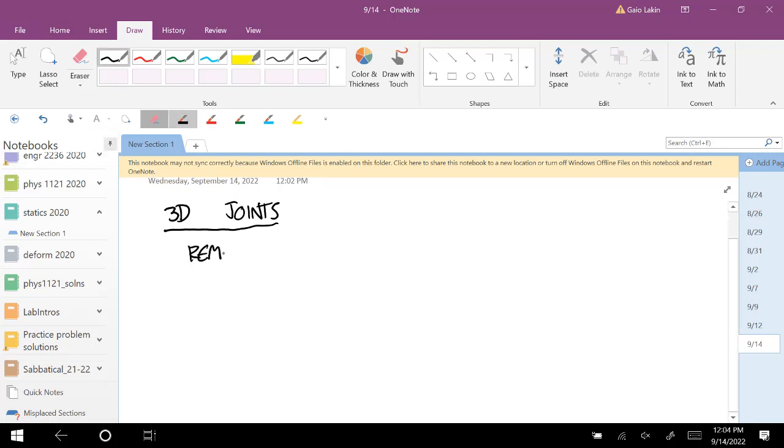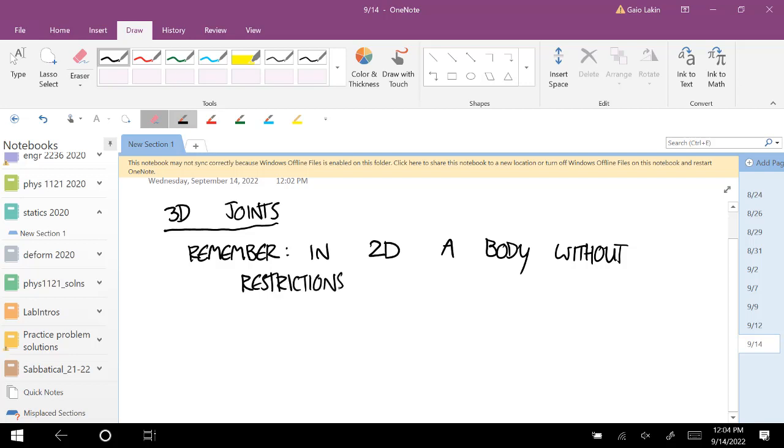So remember, in 2D, a body without restrictions on its motion has 3 degrees of freedom.